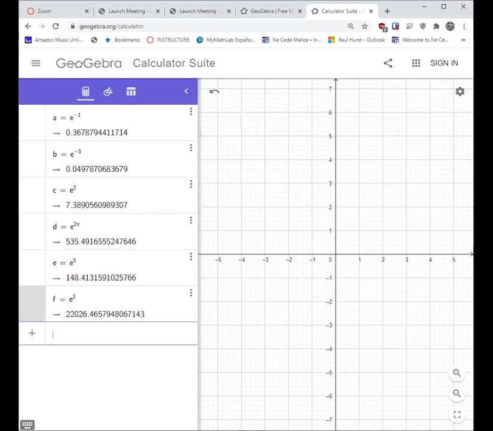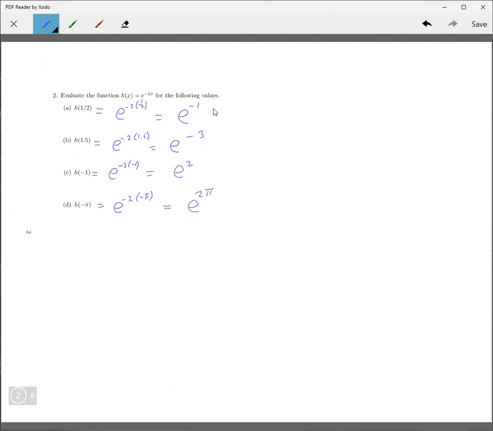Okay, so let's go back here to the PDF reader and put these values in. That one, rounded to 3 decimal places, was 0.368.